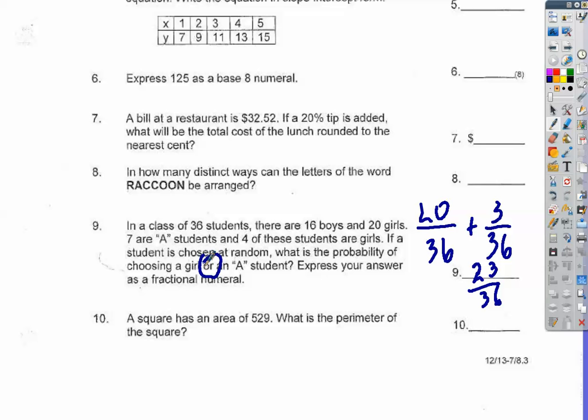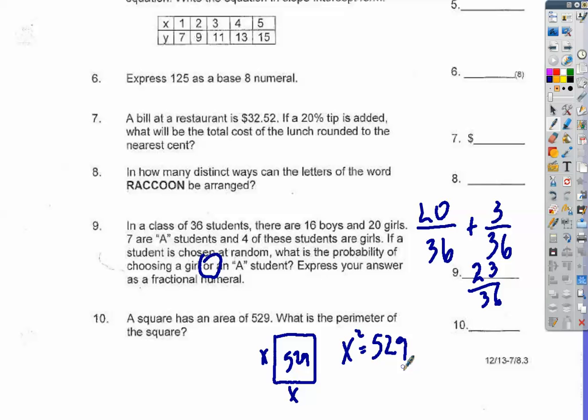A square has an entire area of 529. What is the perimeter of the square? Okay, so we have an area of 529, and I know this is x, and I know this is x because squares have the same side length. So I know x squared is equal to 529. So then, what is the square root of 529?